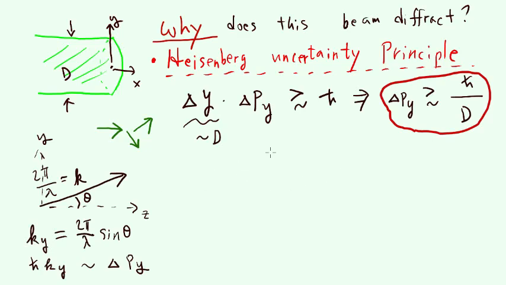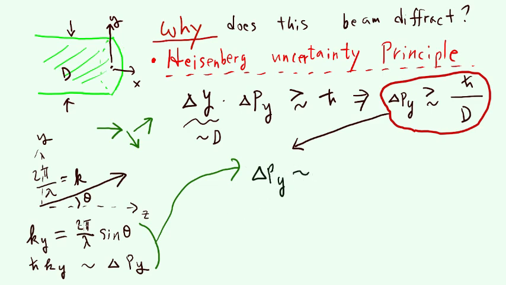So then, what do we get? Let's take this formula here, and these other two, and combine them. But when I do that, I'm going to drop the 2 pi, because there's a lot of room for these expressions to be wrong in terms of the exact numerical factor. All I'm saying is that delta y scales with d, delta py scales as so on and so forth.